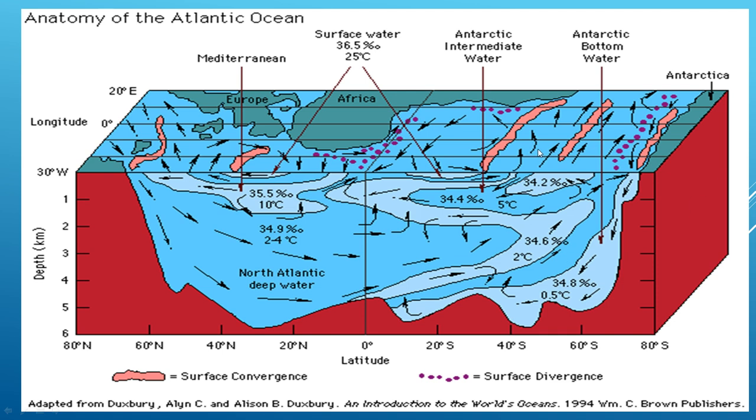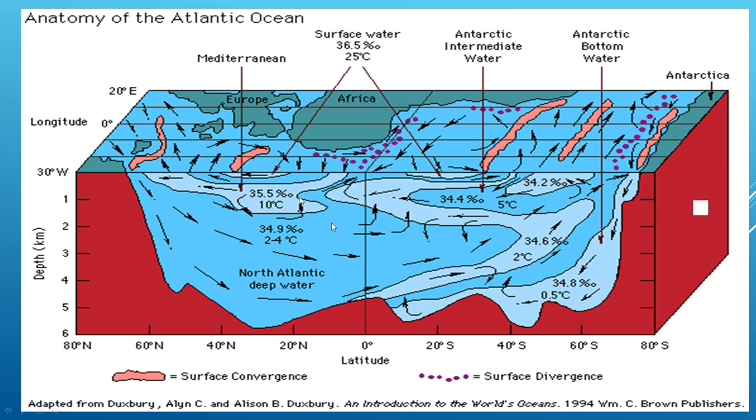Now, this is nice because now we get to see a bit of a 3D representation of the ocean. So once again, we're seeing the signal from the Mediterranean water, North Atlantic deep water. Here's your bottom water over here. Okay. Here's the Antarctic intermediate water. We got some surface water and so forth.